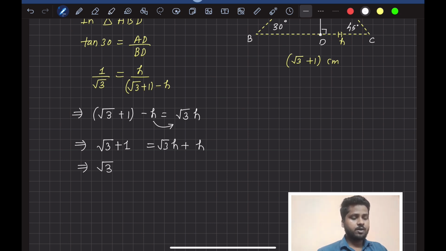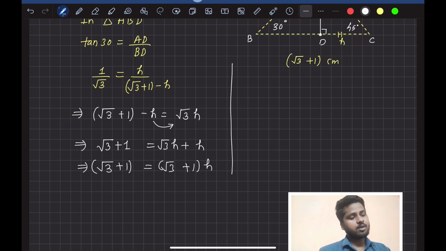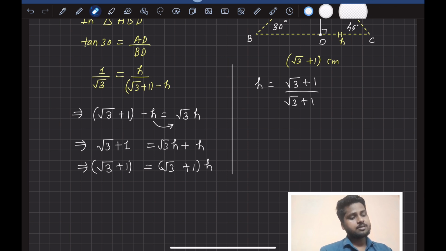So root 3 plus 1 is equal to root 3 plus 1 into H. So from here I can calculate the value of H as root 3 plus 1 upon root 3 plus 1. We can cancel these two values, we get 1, so the H value will be 1. So the height of the triangle will be 1.